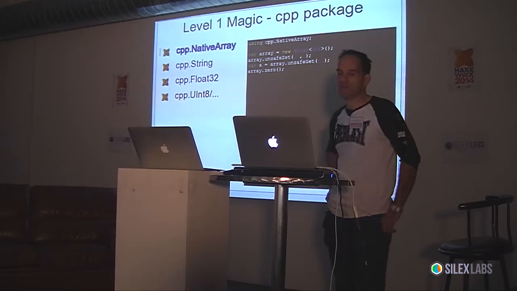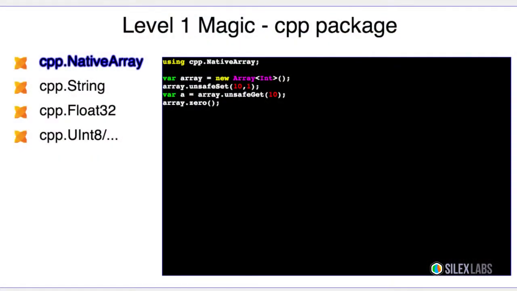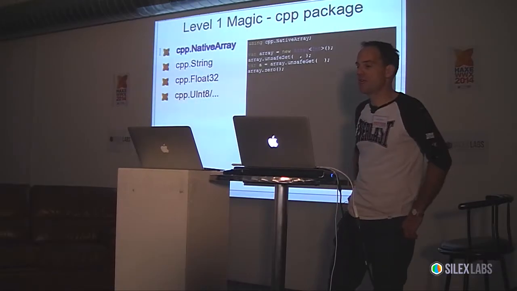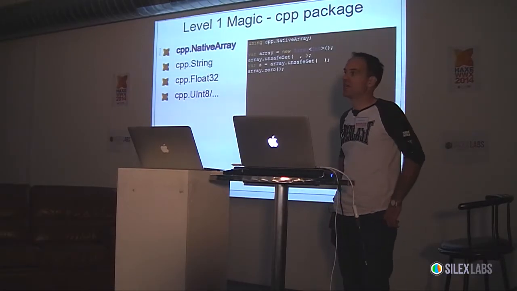Another thing that's been added recently is the extensions into the CPP package in the Haxe standard library. I've added a native array class, which you use with the using directive. And when you use that, it imports some extra functions into the array class.